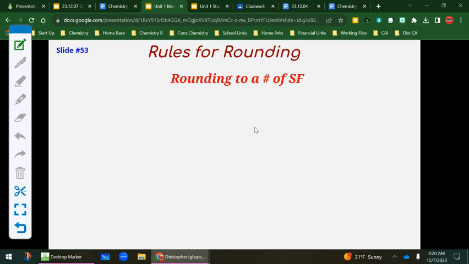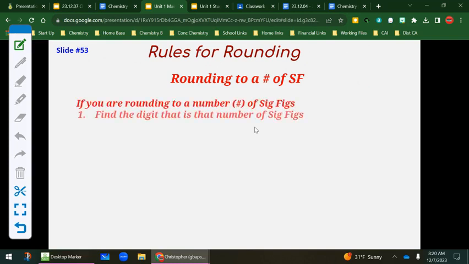sometimes instead of rounding to a place, ladies and gentlemen, our rules are going to tell us you have to round to this many sig figs. Now, again, the rules, even though they are changing, rounding does not. We find the digit that is that number of sig figs. So if we have to round to 3 sig figs or 4 sig figs, we find the third, we find the 4th sig fig in our number. We look at the digit after it.